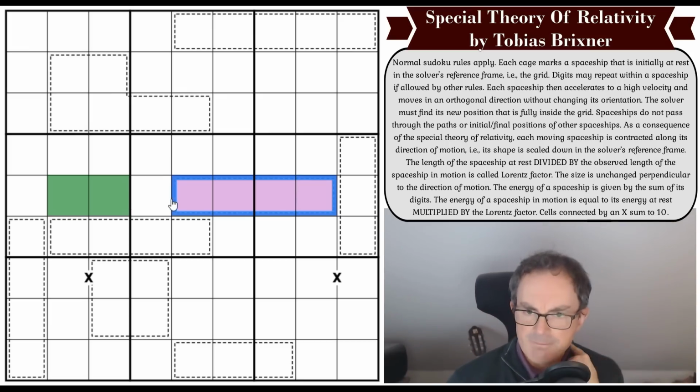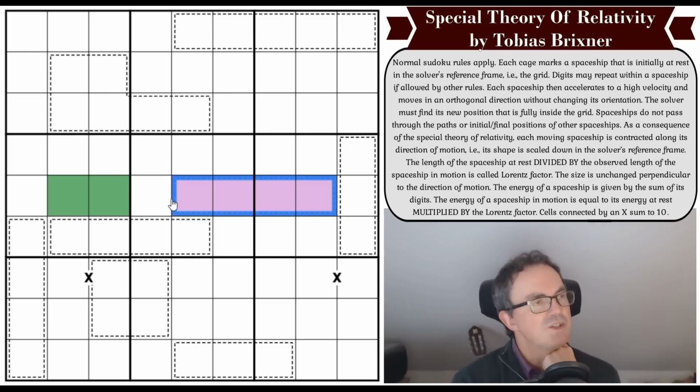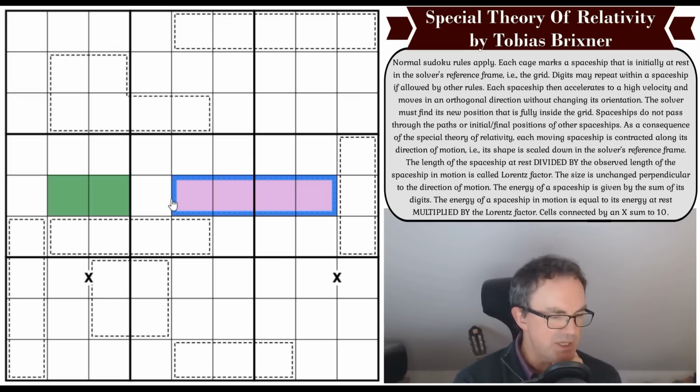it emits. When I was at school, I used to get fascinated. It wasn't E equals mc squared, there was another equation of Einstein's.